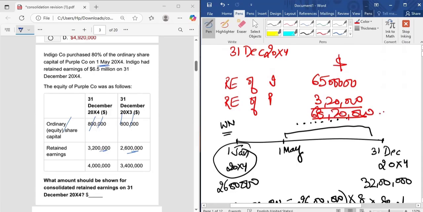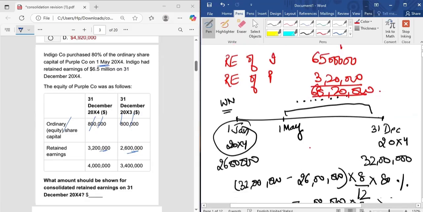All right. So I hope you have understood how we arrived at this 68,20,000 figure. Retained earnings for the parent company was directly given, and we calculate the retained earnings of Purple company by looking at the movement and multiplying it by the share of Indigo company and then proportionating it by doing 8 by 12, right? Now let's move on to the next question.